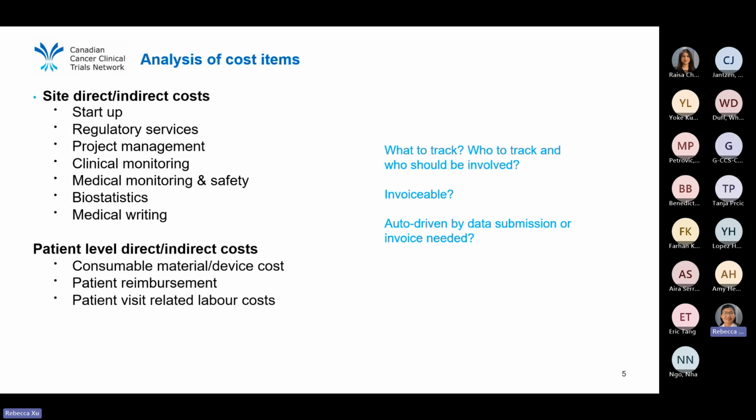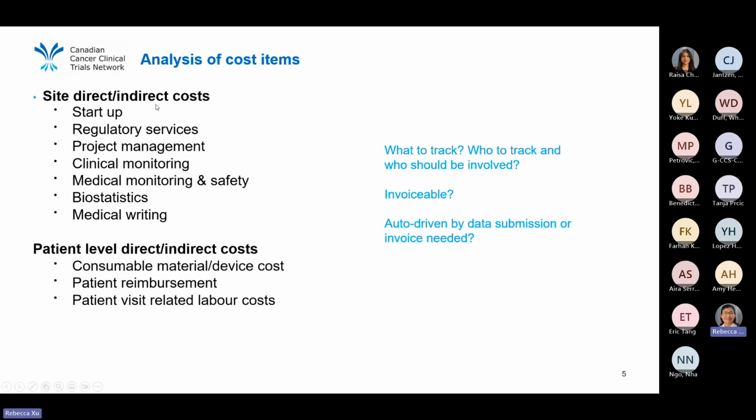And for those auto-driven by data submission to the sponsor CTMS system, do you need to send them another invoice, or do you want to track them? Or how can you track the items that are missing? And what kind of invoice would you need? Whether you want to track everything. Those are the things in your mind; it's not mandatory for you to track everything.